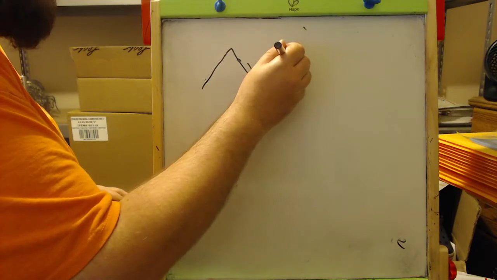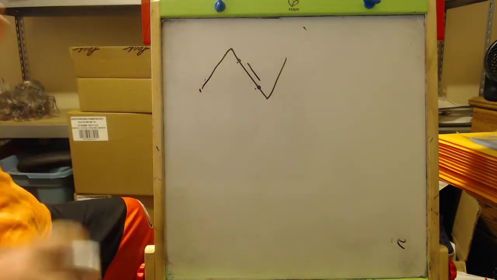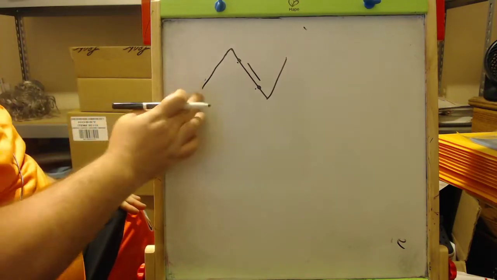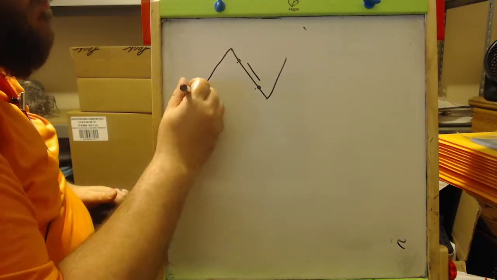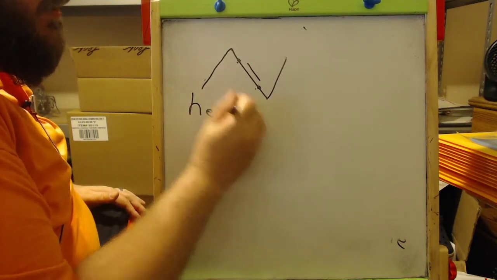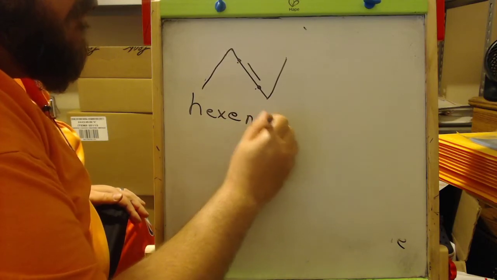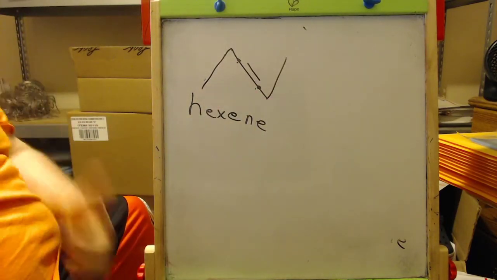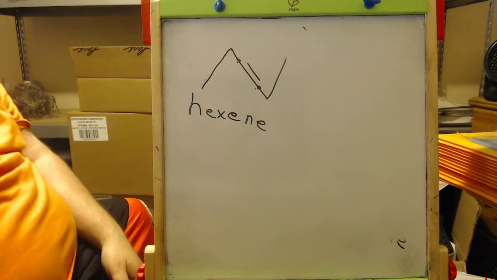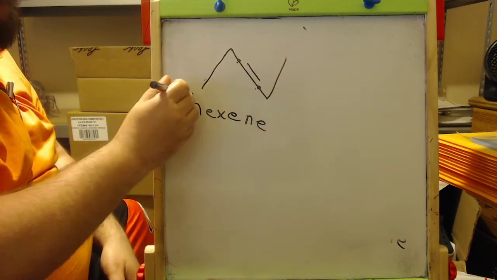So it's 1, 2, 3, 4, 5, 6 carbons the new way. So this is 6 carbons, hex. There is a double bond, E. And then NE for our ending, because there's no other difference. It's all hydrocarbons. 1, 2, 3. 1, 2, 3. So this is 3-hexene.